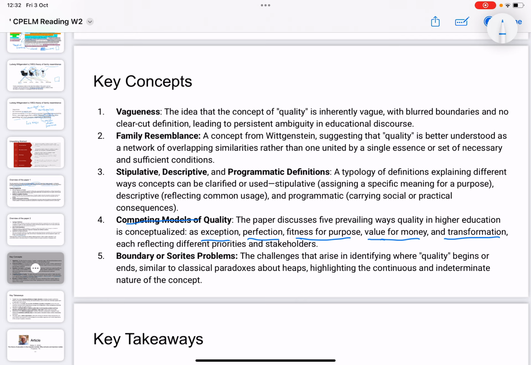So how this idea of quality is being redefined or reconfigured within your own institution is something that you will also encounter. Boundary or Sorites problem: the challenge that arises when identifying where quality begins and ends. All right, so you can have a look at this.